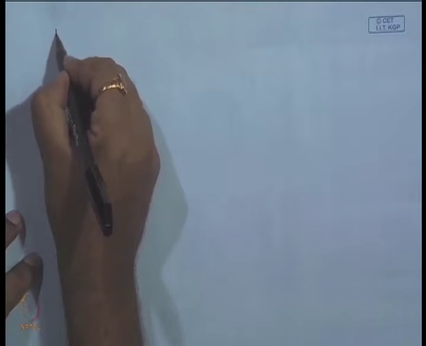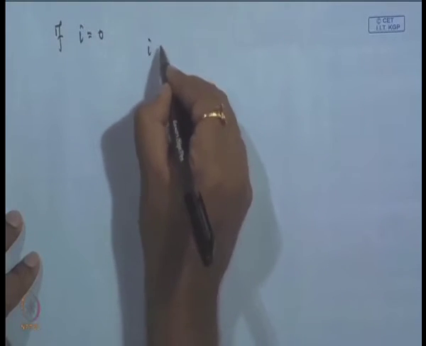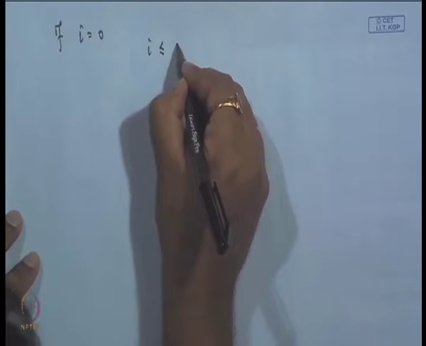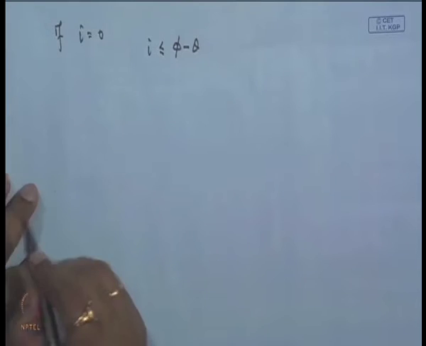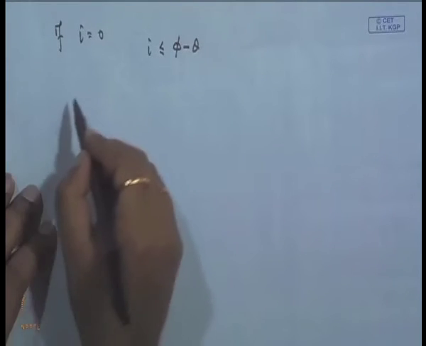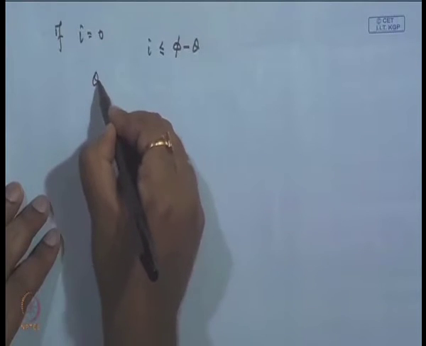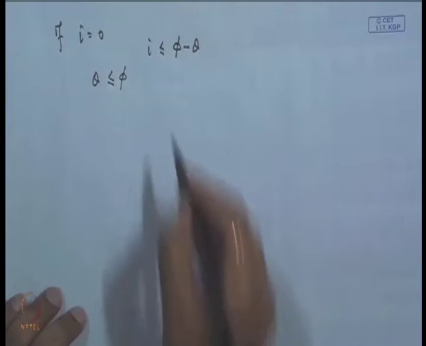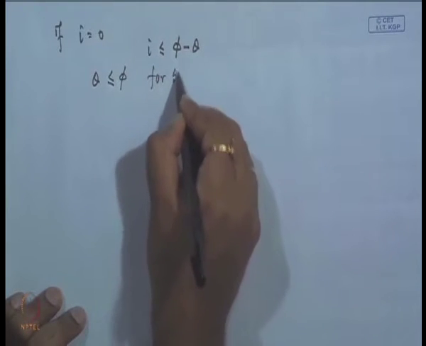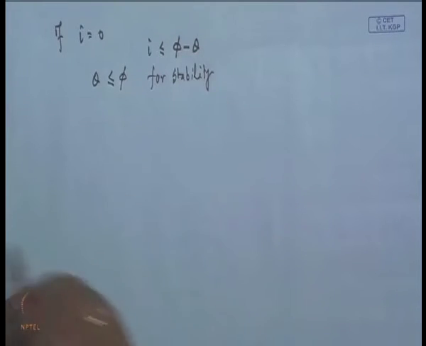The third one is that if i is equal to 0, we know that i should be less than or equal to phi minus theta. So, if i is equal to 0, then for stability theta should be less than or equal to phi.